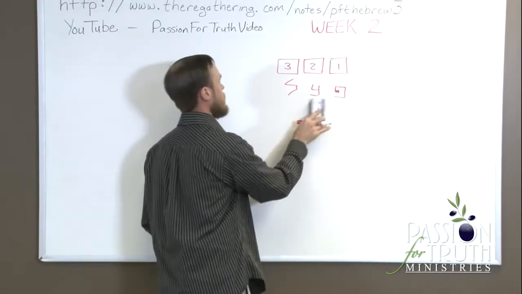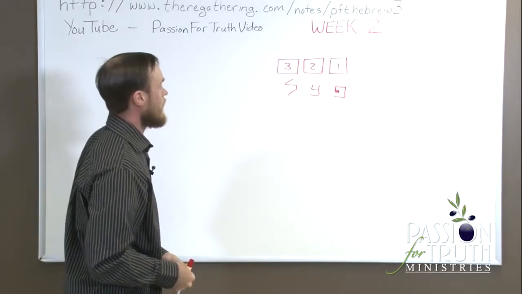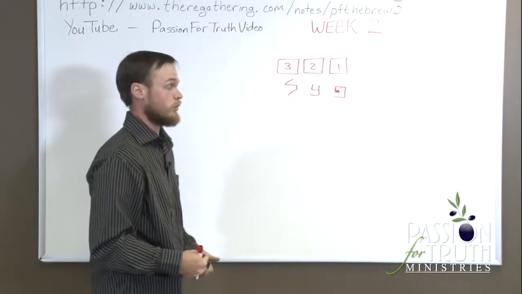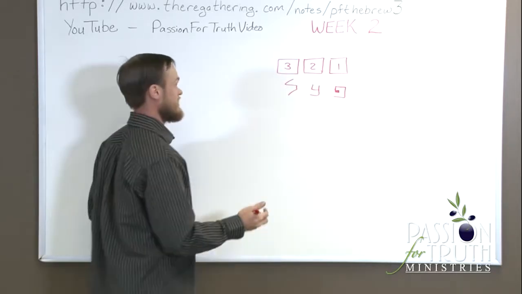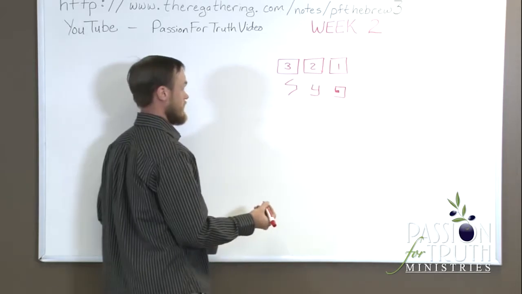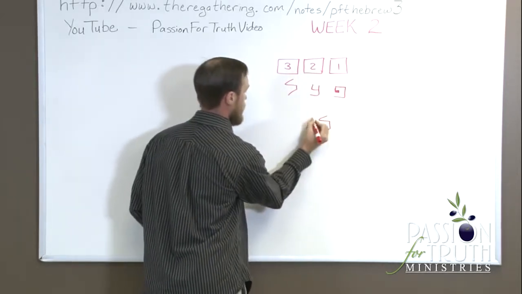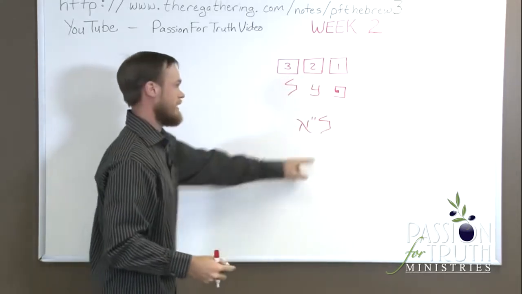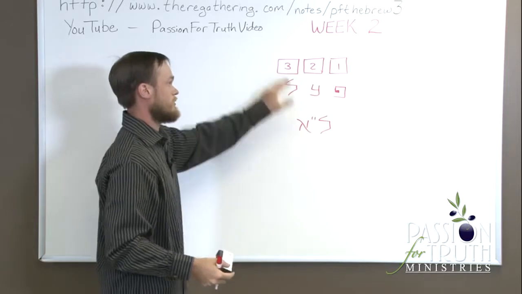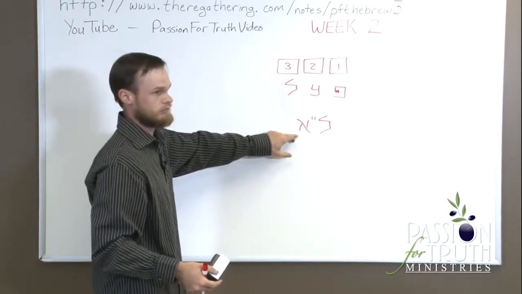This is code for first position, second position, and third position: pei, ayin, and lamed. So if we're going to talk about a root whose third radical is an aleph, we'll say that it belongs to the class lamed aleph. We've got a lamed, this double hash mark, and then an aleph, meaning the third radical position is an aleph.